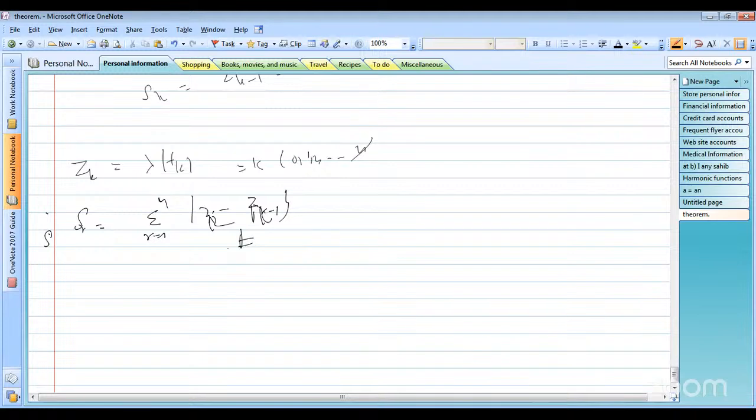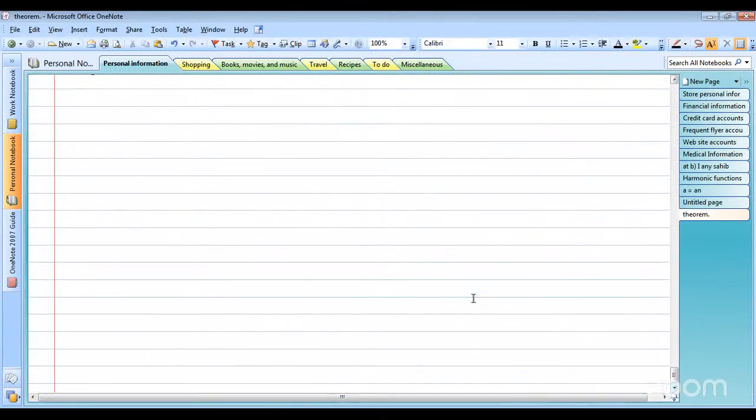The curve is said to be rectifiable. When is it rectifiable? We have to write it here.